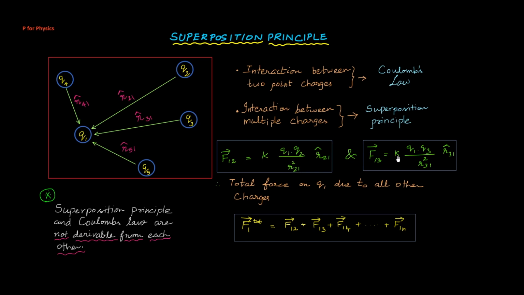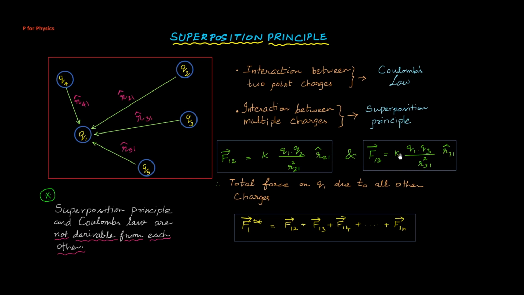Instead of that, here we have K Q1 getting retained because they are not going to change. But instead of Q2, now we are talking about the third charge Q3. And correspondingly, as the charges change, their position vector also changes. So the distance R21 square is replaced with R31 square, and correspondingly, the unit vector R21 cap is replaced with R31 cap.